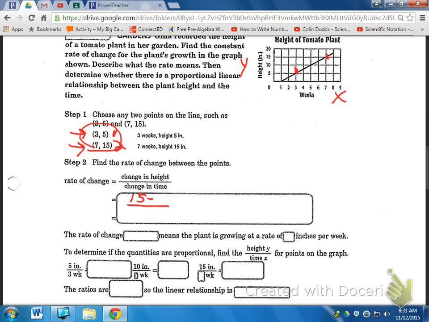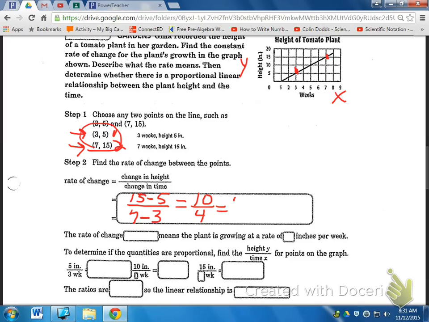Minus, what's the Y in the first point? 5. Okay, and then we want change in time. So that's the weeks. What's the time or the weeks in the second point? 7 minus the time or weeks in the first point? 3. And then you actually subtract, and you get 15 minus 5 is 10, over 7 minus 3 is 4.